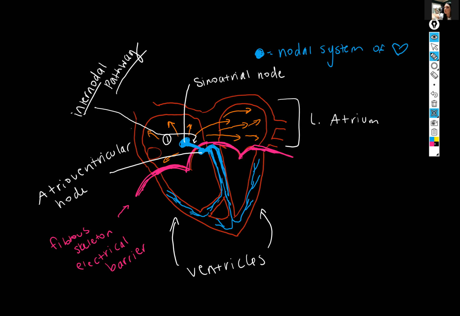Okay, so once the signal has made it, let's do internodal pathway is 2, atrioventricular node is 3. After that, the atrioventricular node is going to spread excitement to another structure, which is just this little short branch right here.